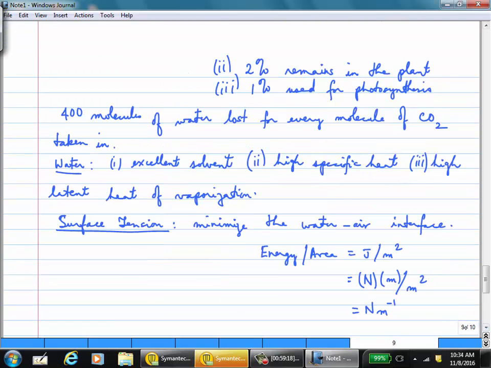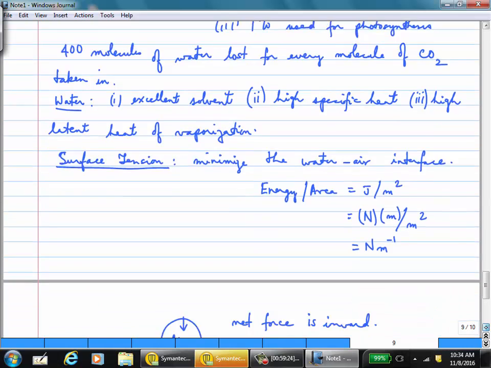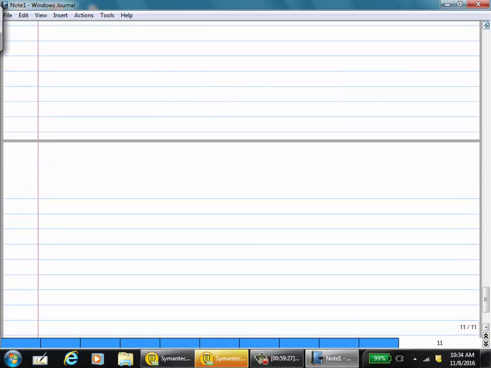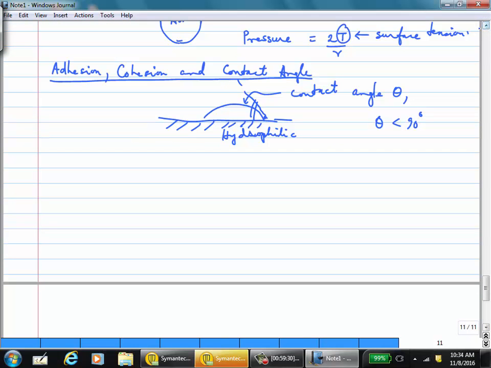On the other hand, if it's a hydrophobic surface, that means a surface that hates water, so you have a surface that hates water, then the water drop will try to stay away from the surface as much as possible.